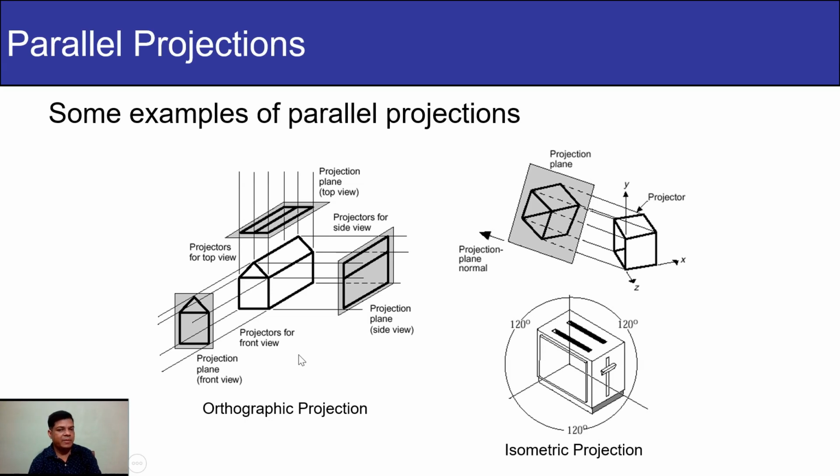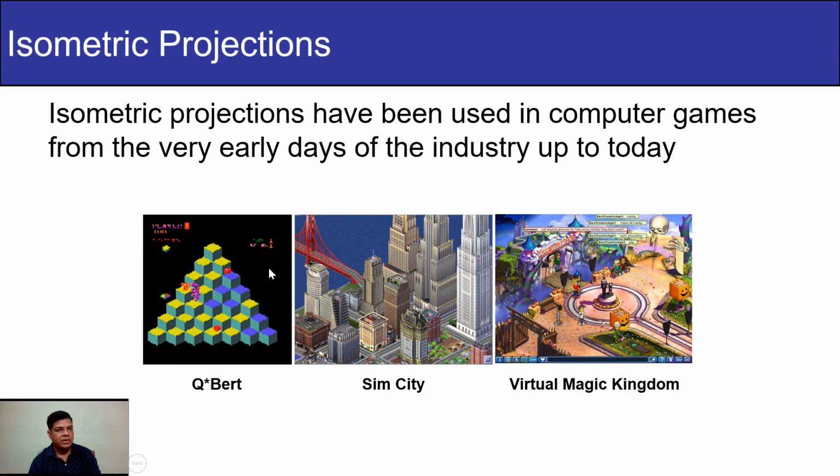Here you can see that by using orthographic parallel projections we can display the top view, front view and the side view of an object. In the orthographic parallel projections, the dimensions are the same because it maintains the relative proportions of the image, and this is an example of isometric projection.